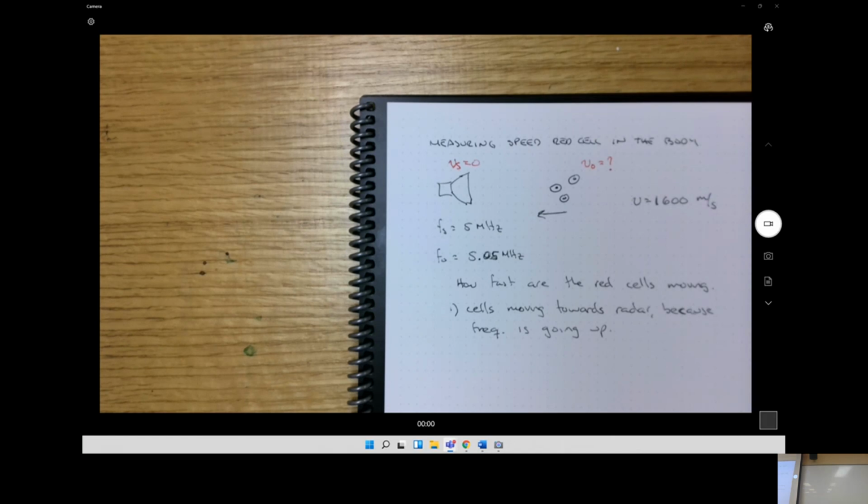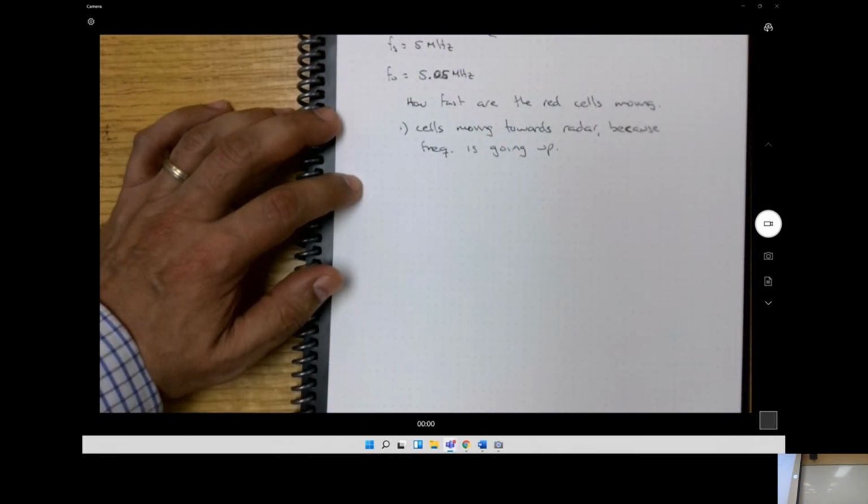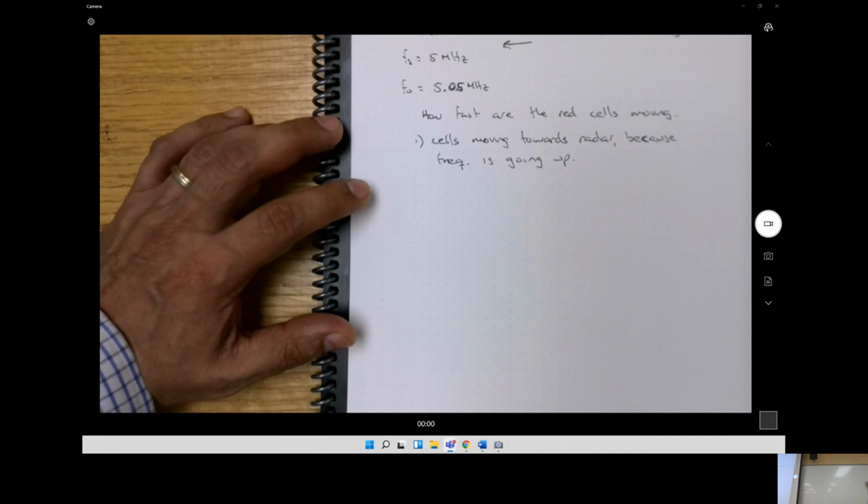You will need to subtract this from this. So again, this is going to be kind of like a round trip.